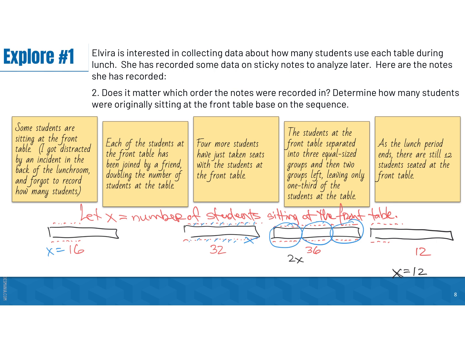So we had the 3 groups, so there's 3 groups in total. 4 more students have to take the seats, and then each student was adding a friend. So if we write this together, our equation actually is 2x plus 4, all of that divided by 3, and then it's going to equal the 12.